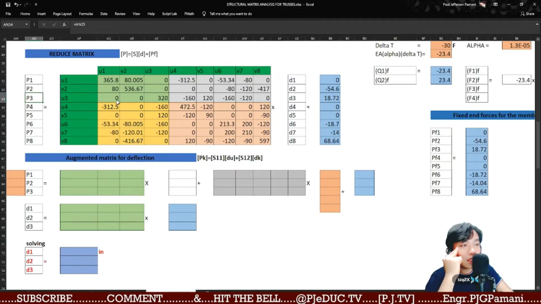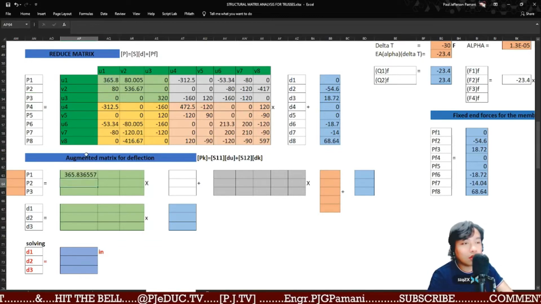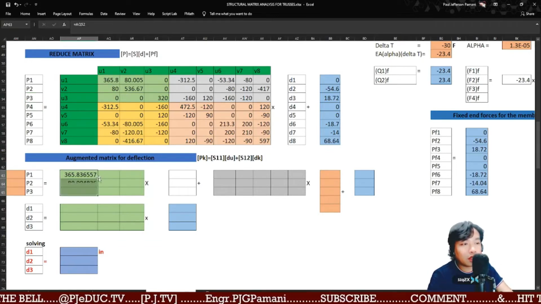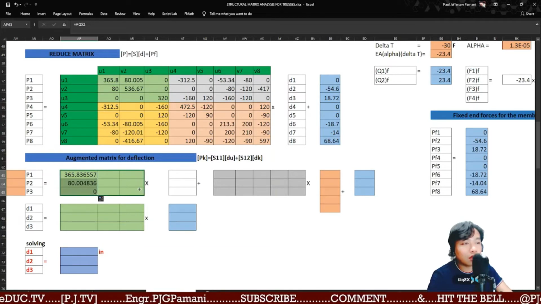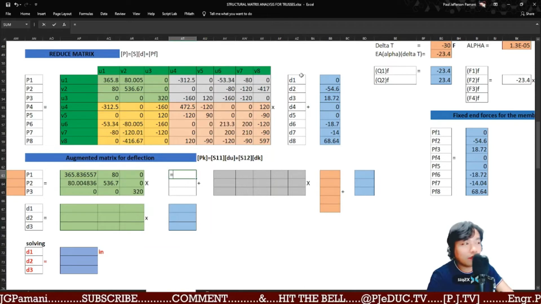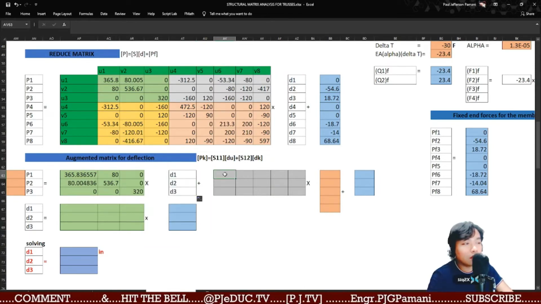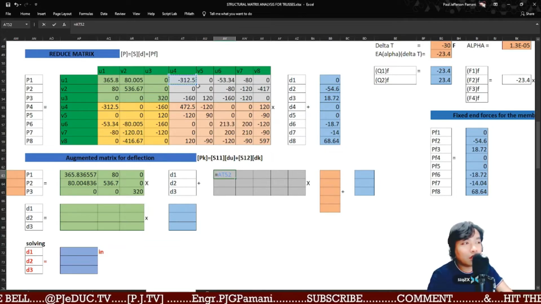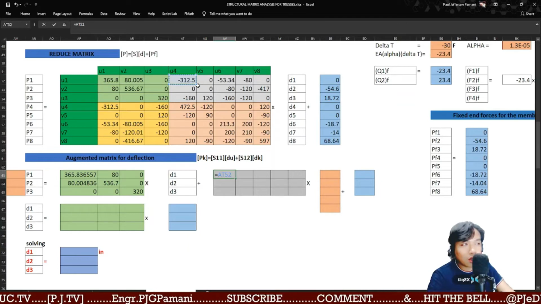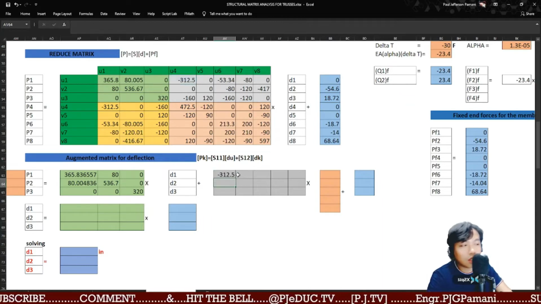So, kunin lang natin si S11, which is equal to this one. Copy the entire set, 3 by 3. Then, the unknown deflections, D1 to D3. And the structure matrix from column 4 up until column 8 of row 1 to row 3.